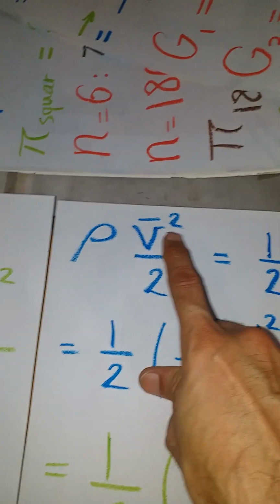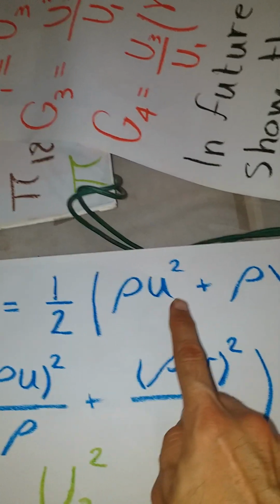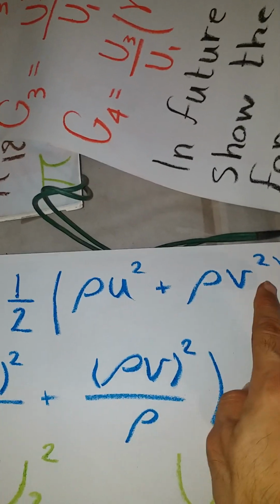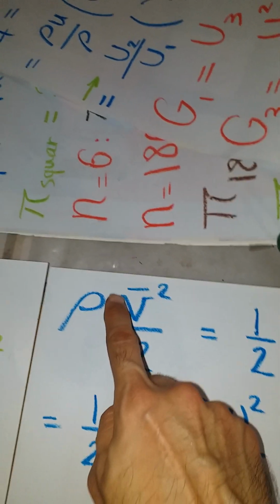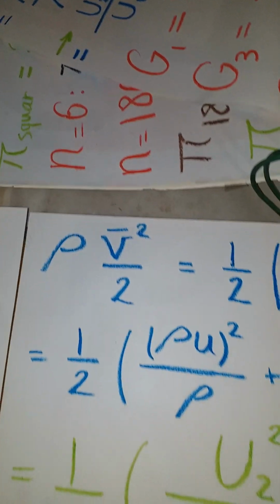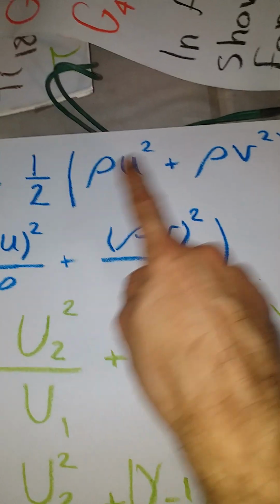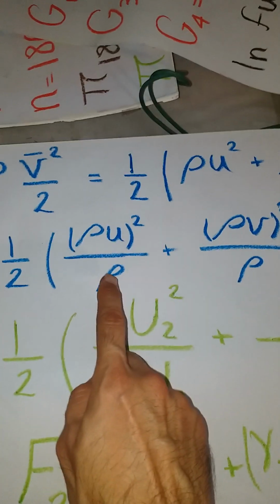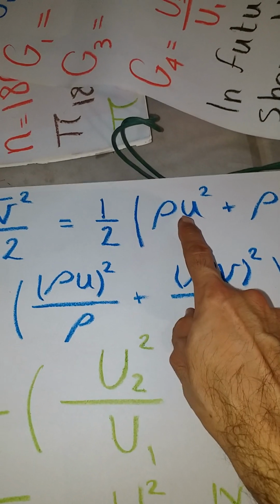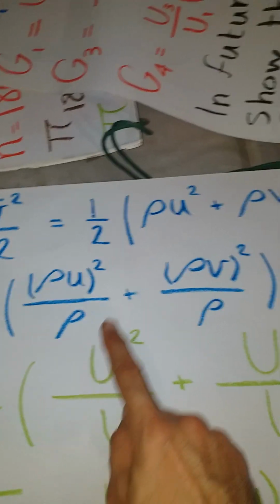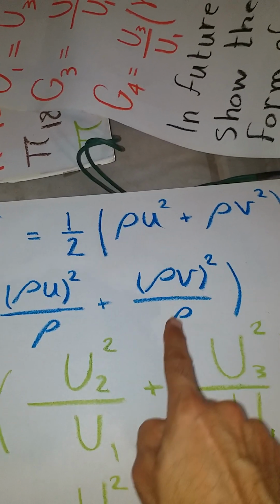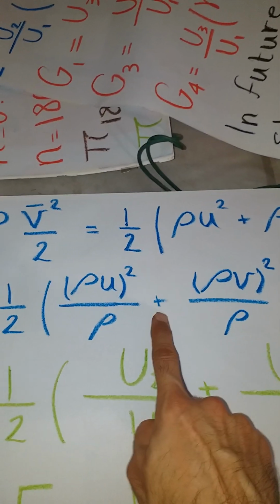You know that this was like that, u squared plus v squared. If you extract this velocity, it is like this. And you can write it here, just multiply by rho and divide by rho.